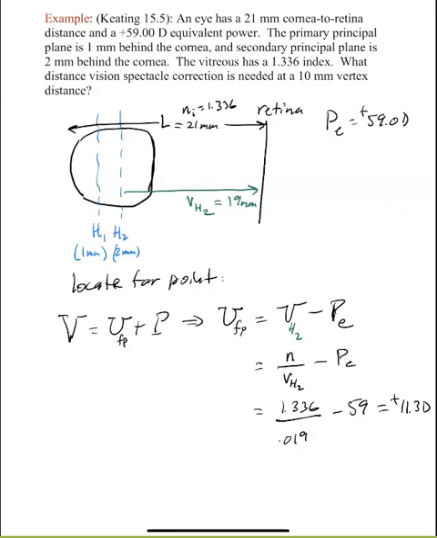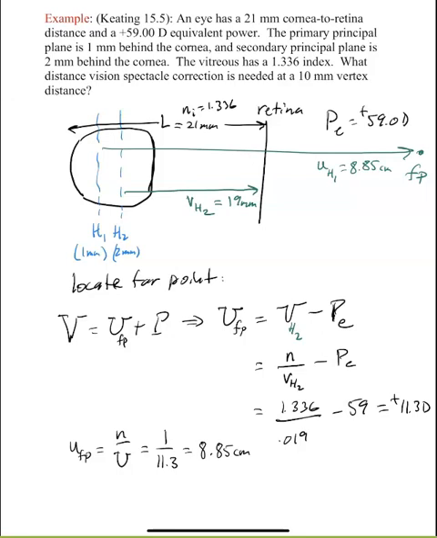So if we wanted to find out the distance, little u far point, this is going to be N over the divergence. On the object side of our thick lens, the index of refraction is 1, so we don't have to really worry about that. 1 over 11.3 is 8.85 centimeters.